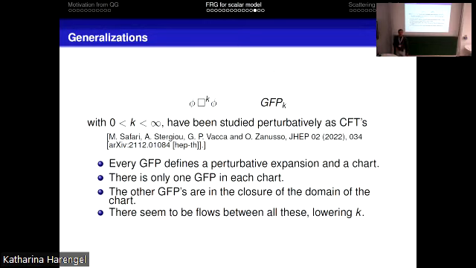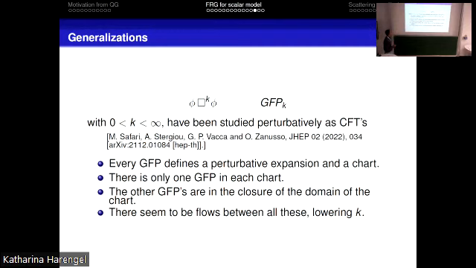I mention quickly some generalization. You can consider fixed points of the type phi box to the k phi. I will call this Gaussian fixed point k. These have been studied as conformal field theories in this paper.